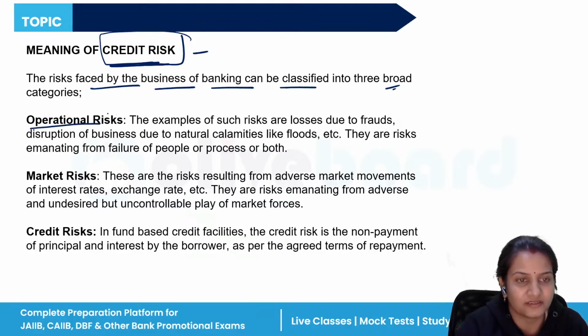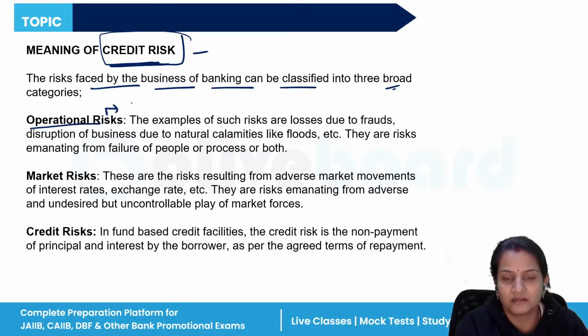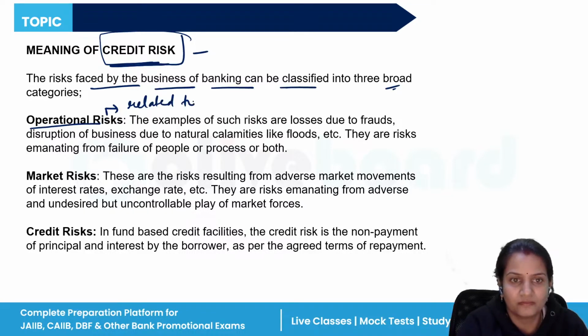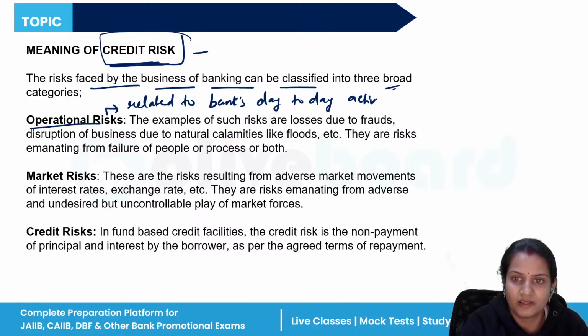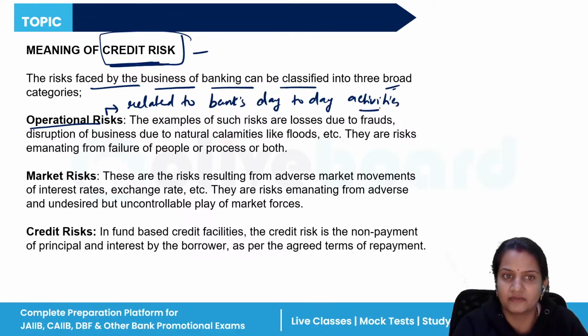So operational risk basically tells about the day-to-day operations of a business, related to the bank's day-to-day operation, day-to-day activity. If there is high risk in the operations of the bank, then definitely there are less chances of growth.